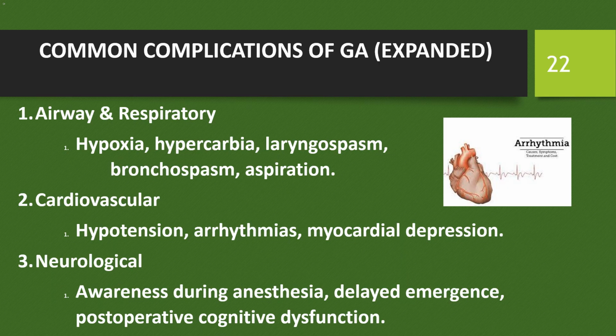Sudden closure of the vocal cords can obstruct the airway and make ventilation difficult. 4. Bronchospasm. Constriction of the airways can make ventilation challenging and lead to respiratory complications. 5. Aspiration. Inhalation of gastric contents into the lungs can cause severe respiratory complications, including pneumonia.